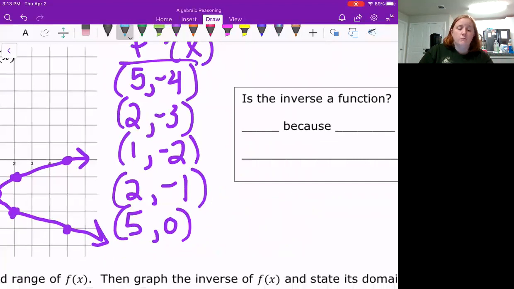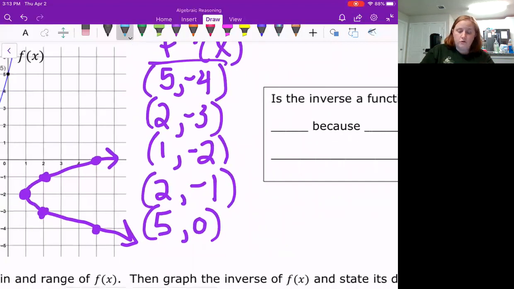In our last video, we talked about what was called the vertical line test, which said I could draw a vertical line anywhere I want on my graph. And if that line hits the graph more than one time, it could hit 2, it could hit 3, it could hit 4. If it hits it more than 1, it is not a function.